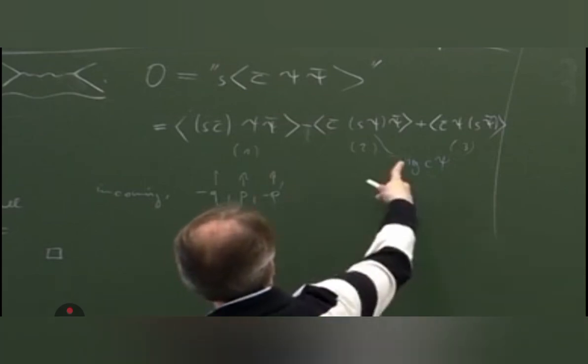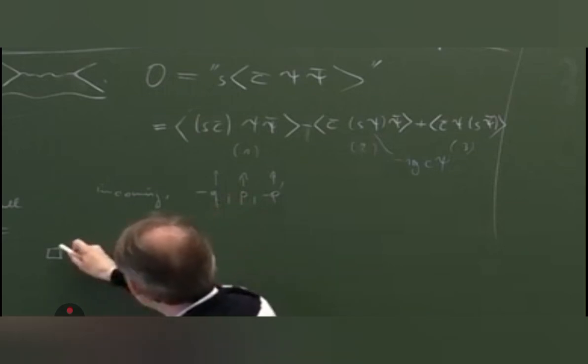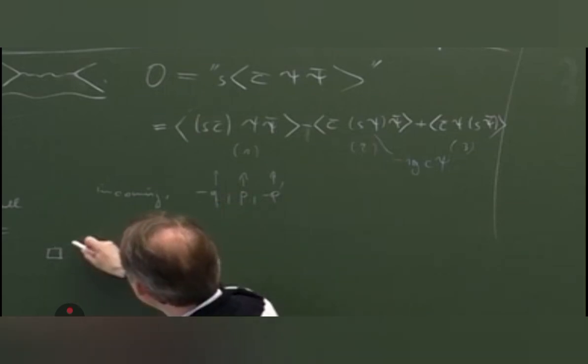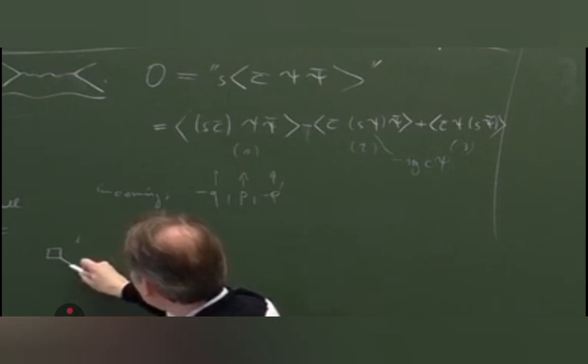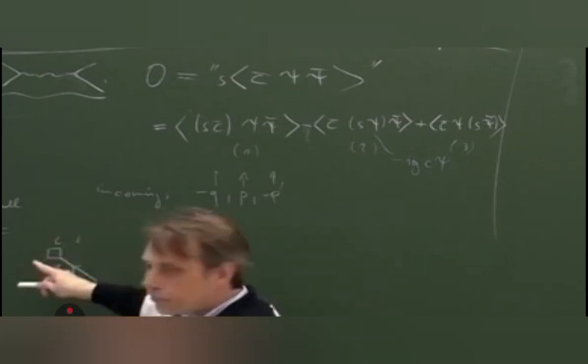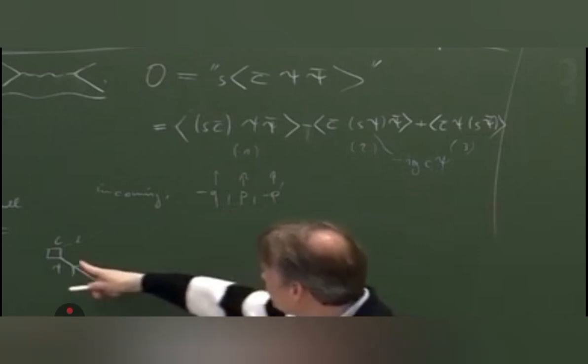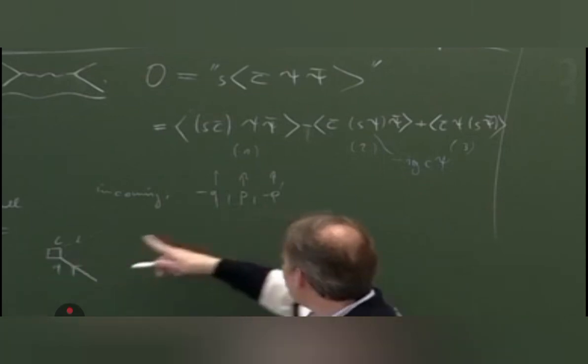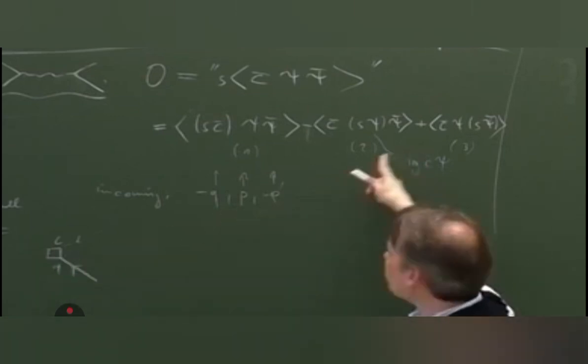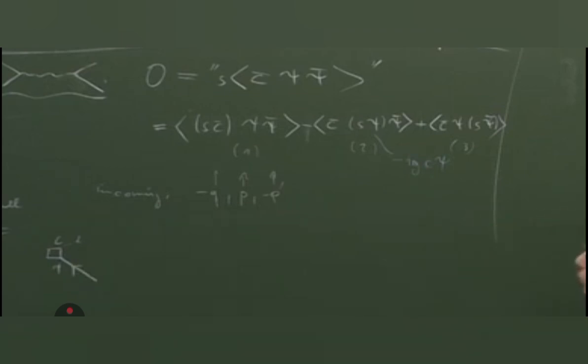Then we have here this vertex, and attached to that vertex is an incoming ghost line and an incoming fermion line. Because at this point there is a field operator C and a field operator psi. And in the mathematical expression that would be multiplied with minus I times gauge coupling. I also neglect here the gauge group indices A, B and so on, because they are not important for this calculation.